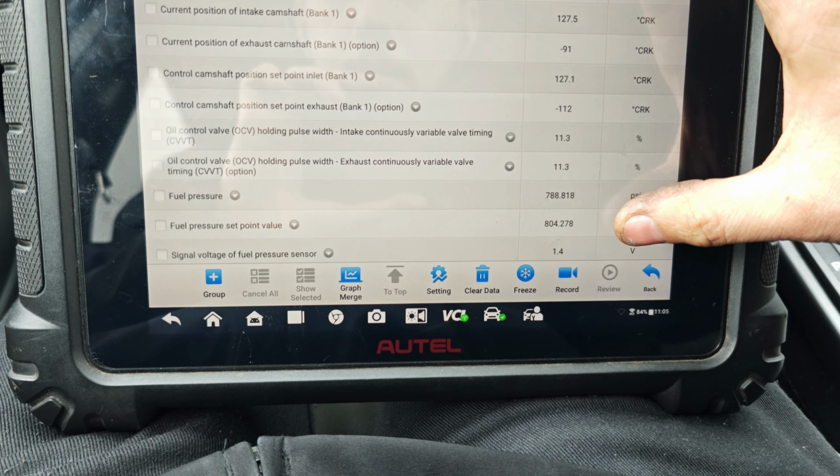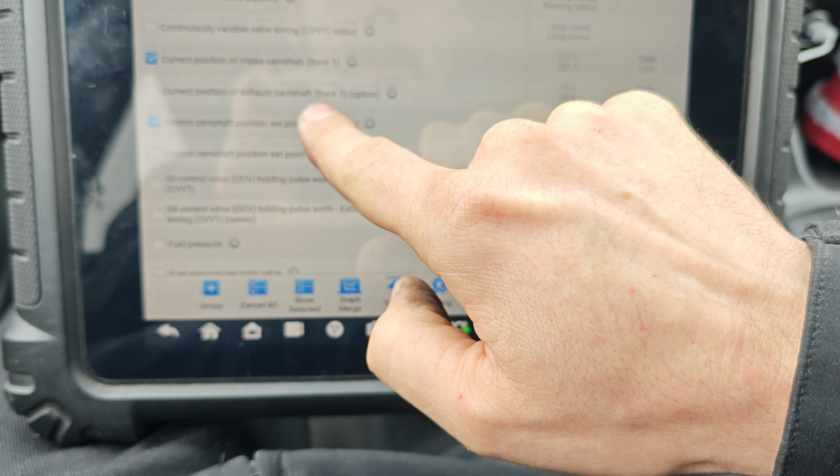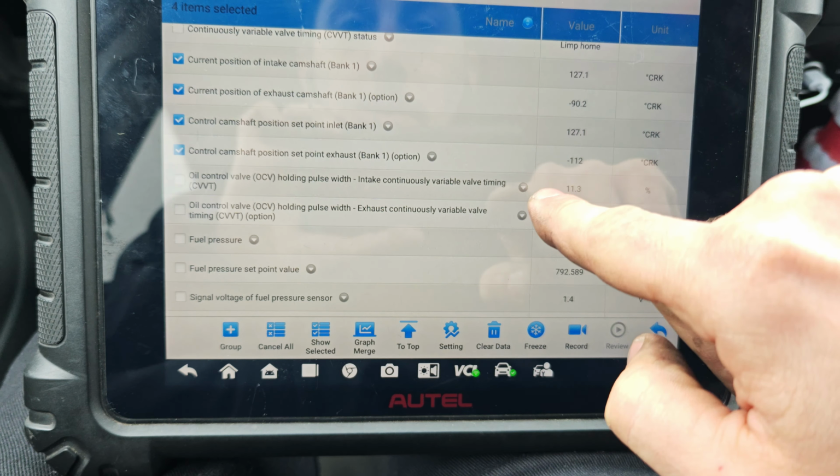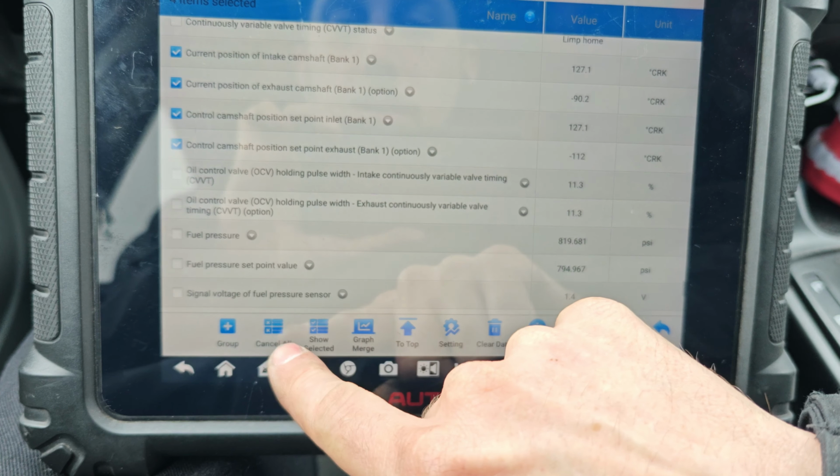Set point. Current position. Current position of exhaust. Look at our exhaust. Look at our intake.